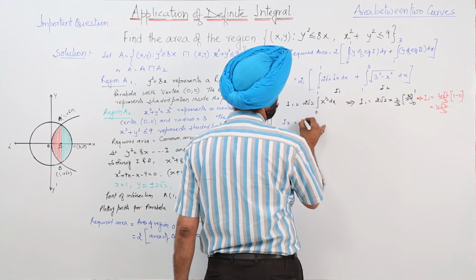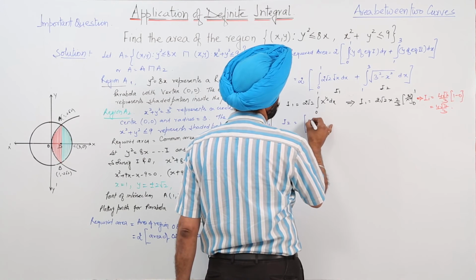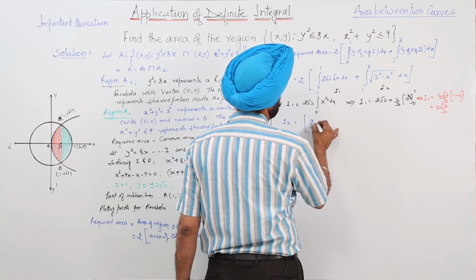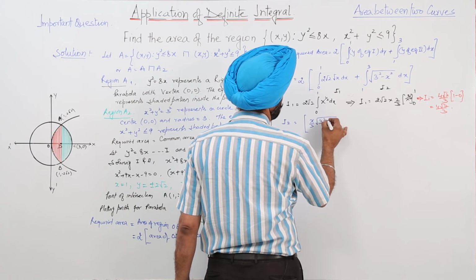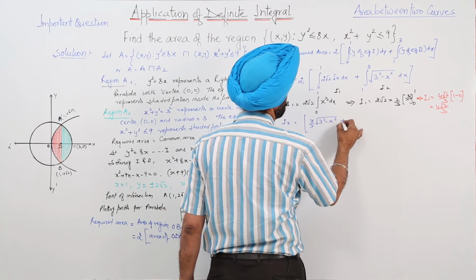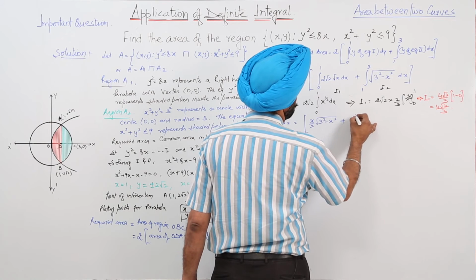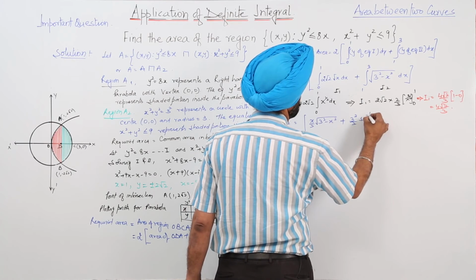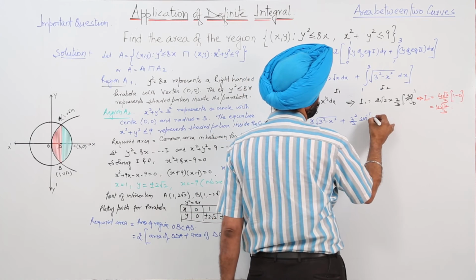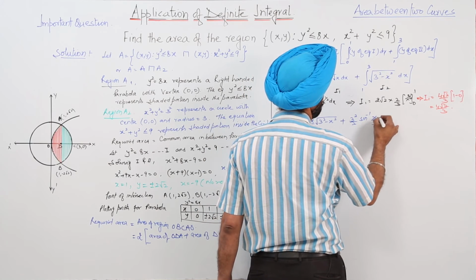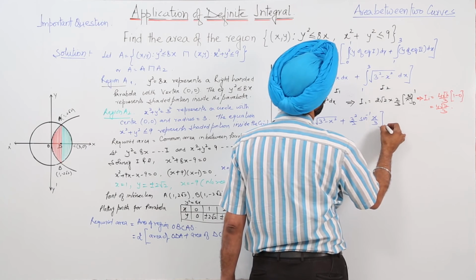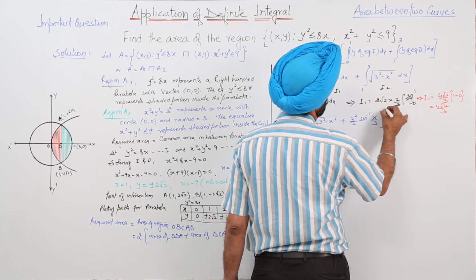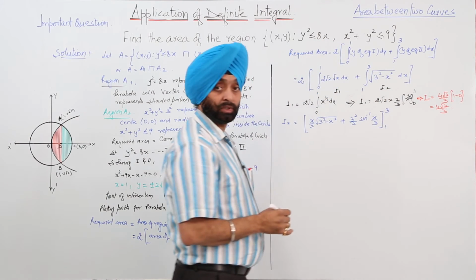I2 is equal to x upon 2 root of 3 square minus x square plus 3 square upon 2 sine inverse x upon 3, with limits 1 and 3. Is it clear?